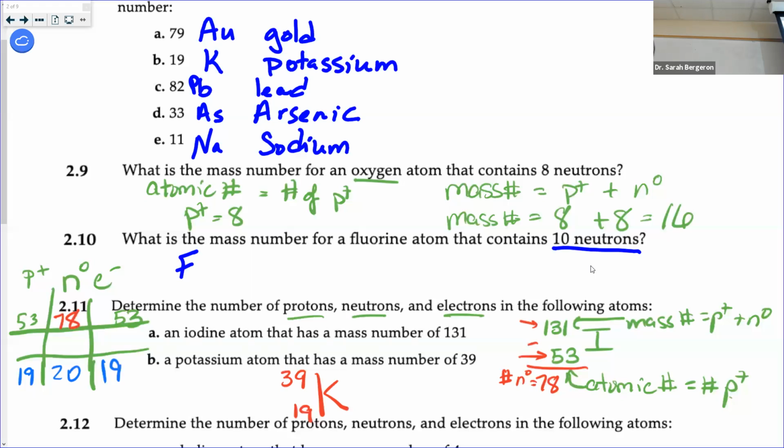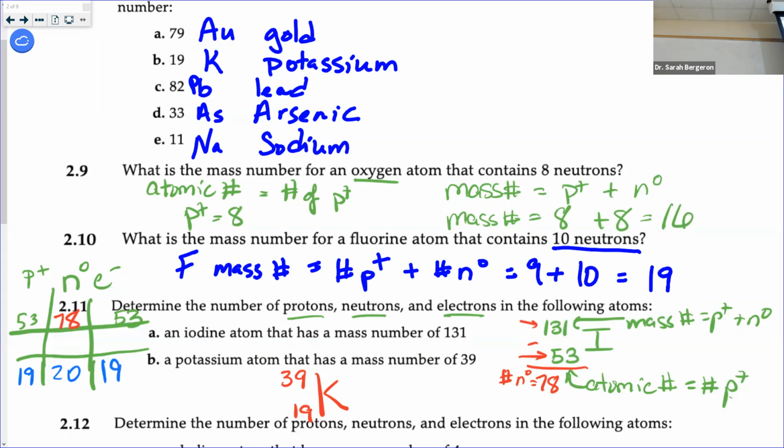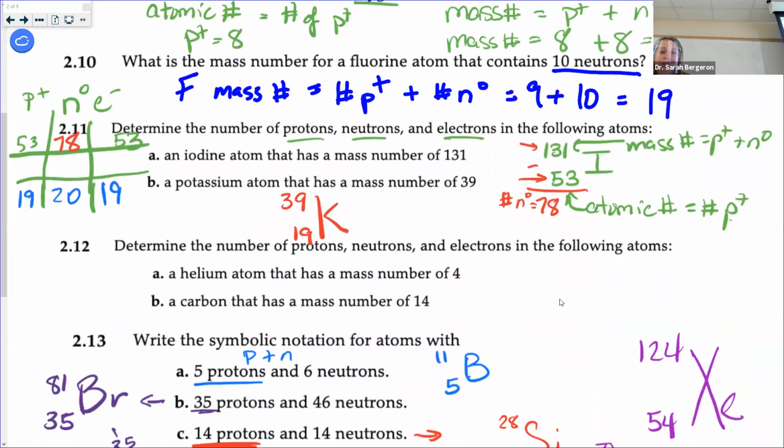What's my mass number? Mass number is number of protons plus number of neutrons. So what is it? Protons, how many? 9 plus 10 gives me 19. Okay. All right. Let's see if we can get one more.